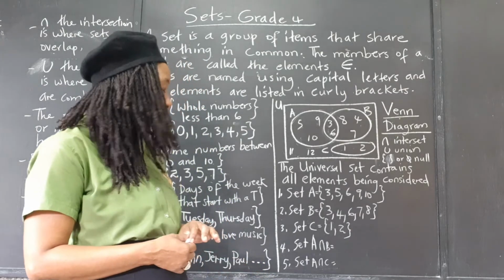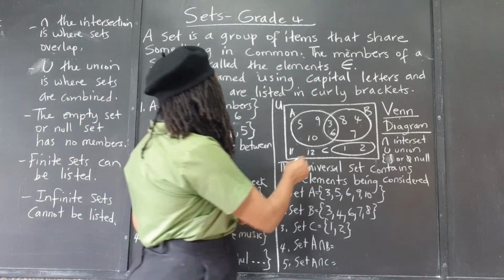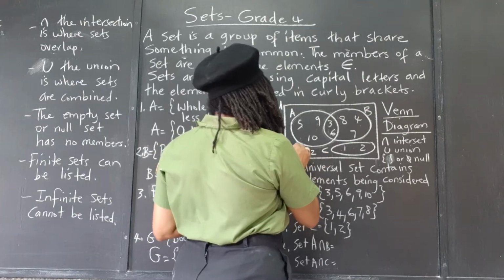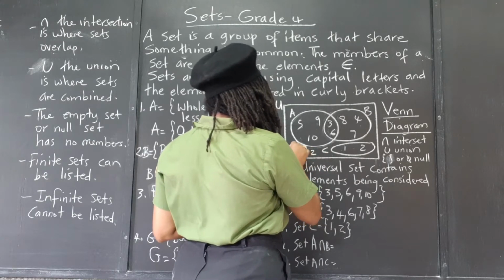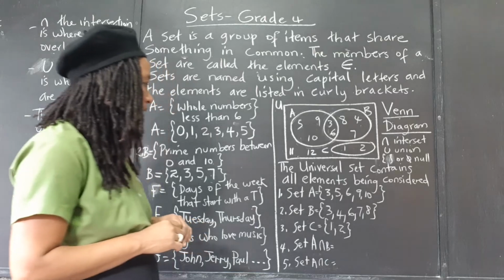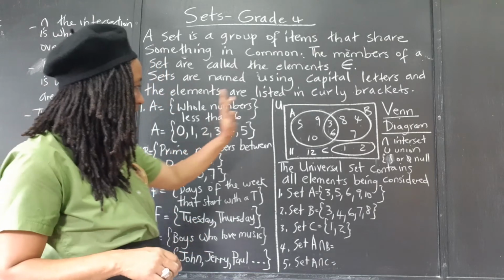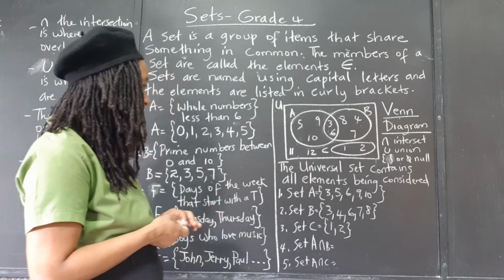So we said they are out here in the Venn diagram by themselves, not a member of A, not a member of B, not a member of C.